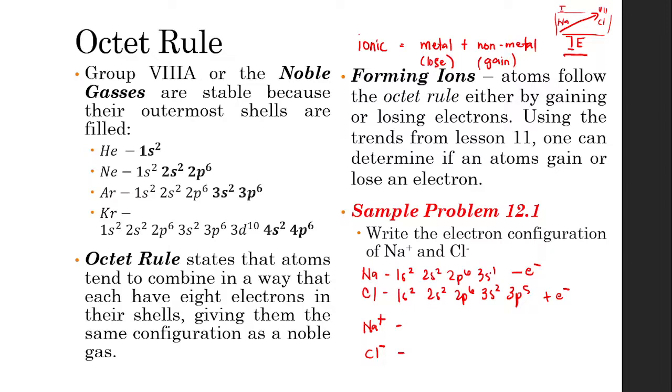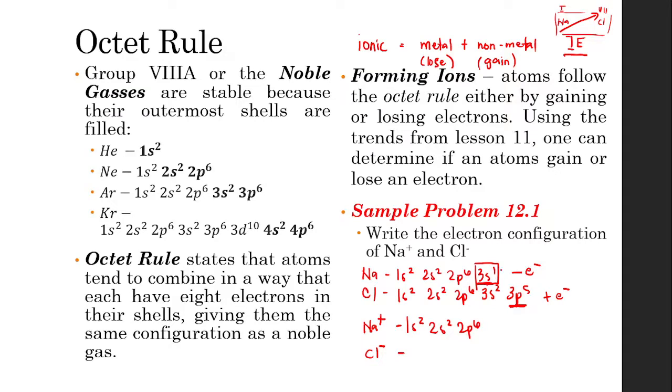Also remember and understand that when we remove an electron, we want to remove the electron at the last configuration, which in this case is the electron found at 3s1. That makes our sodium cation have an electronic configuration of 1s2, 2s2, 2p6.